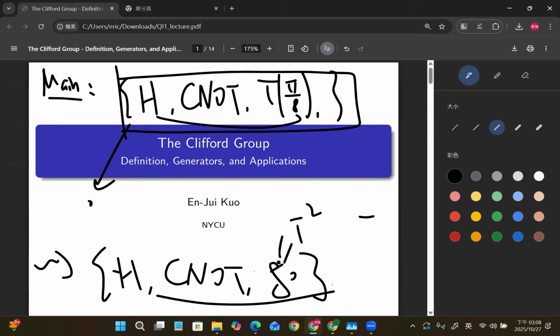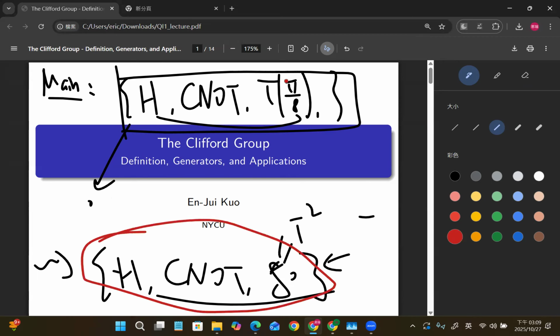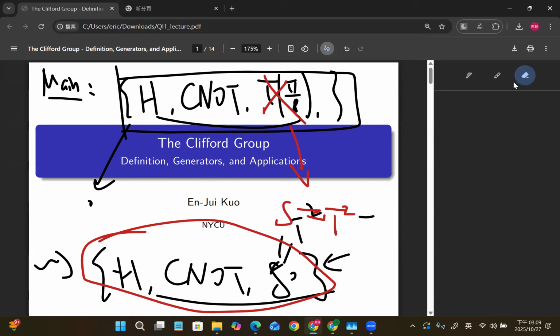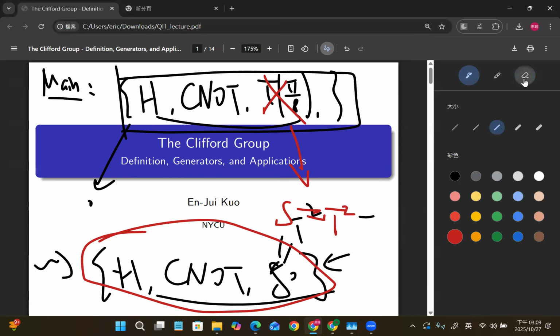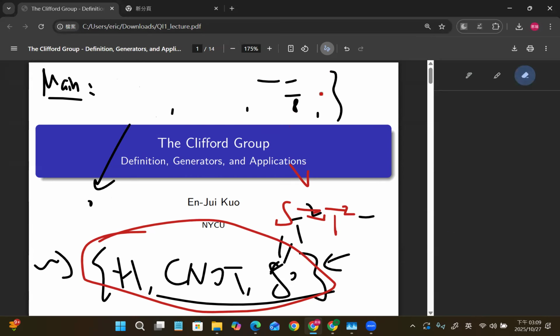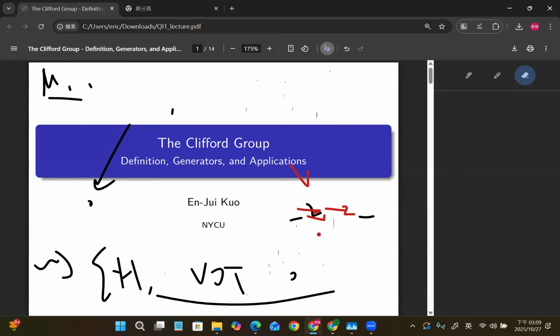Do these gates form a universal gate set? If you replace T with S, which is T squared, do you still get universal quantum computation? This is the question that I will answer in this video.